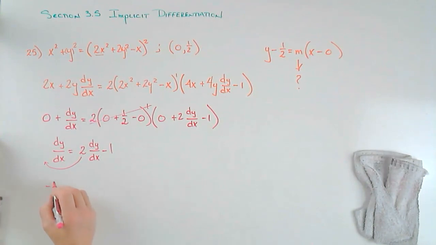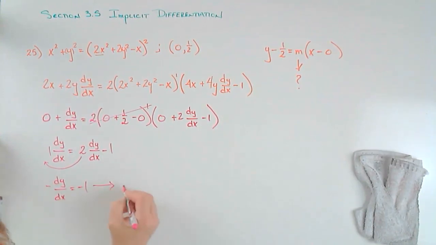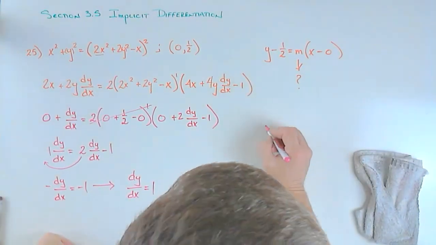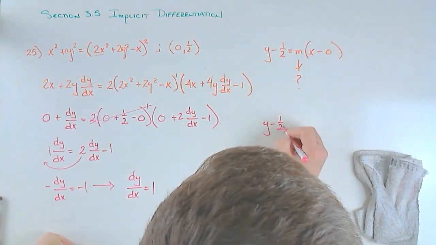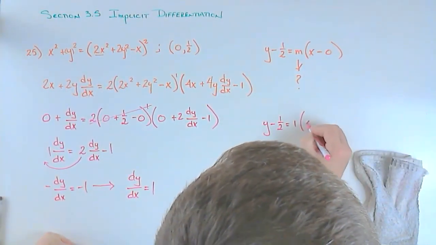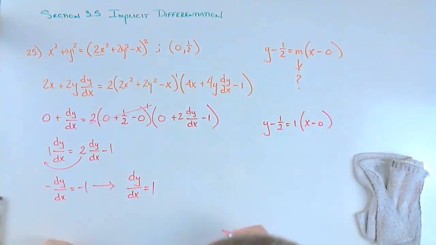That leaves me a minus, right? Because there's 1 there. We'll bring that over. We have minus 2. So that gives me a negative dy/dx equals negative 1, or dy/dx equals 1. And so the equation of our tangent line is y minus 1/2 equals 1 times x minus 0.